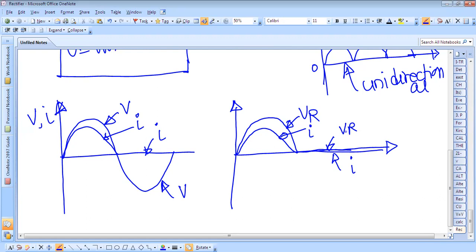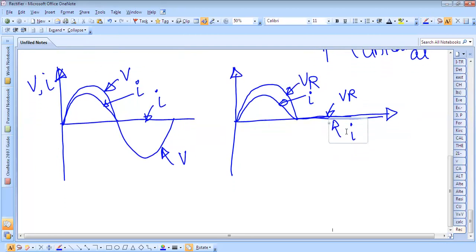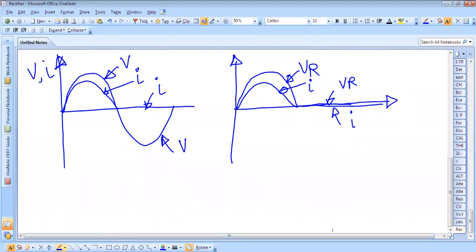So it is possible to obtain rectification by means of a single diode, and the current can only flow through the diode in one direction, and thus the load current can only flow during alternate half cycles. Okay, so alternate half cycle means this is the load current, and during the next half cycle it is 0. Again, during the next positive half cycle, we'll get the voltage and the current like this same.